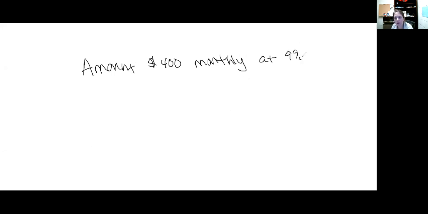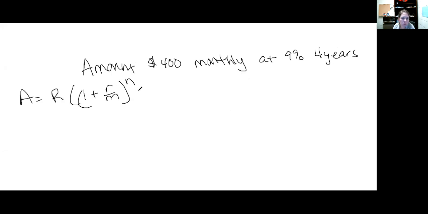All right, so let's say we have an amount of 400 that is being compounded monthly at 9% for 4 years. Okay, again, here's my formula. All that's in parentheses.